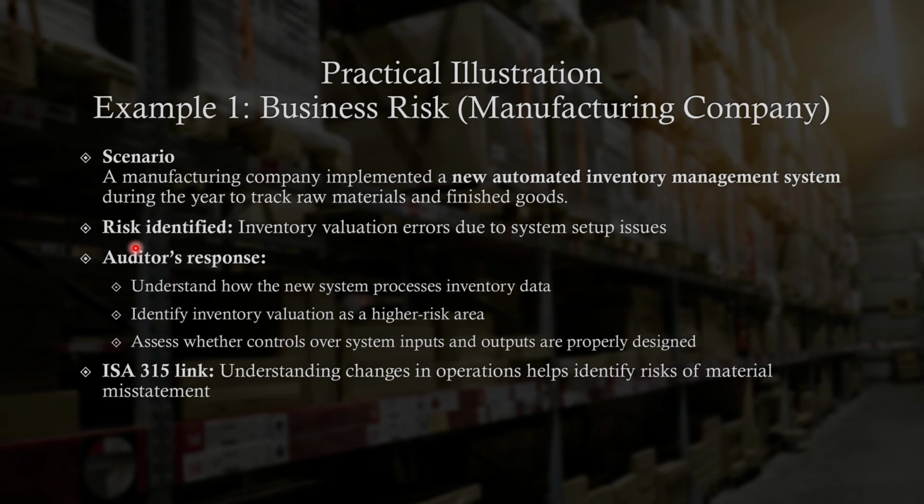Under ISA 315, the auditor responds by understanding how the new system works, identifying inventory valuation as a higher risk area, and assessing whether controls over system inputs and outputs are properly designed. This shows how understanding changes in operations helps identify audit risks.